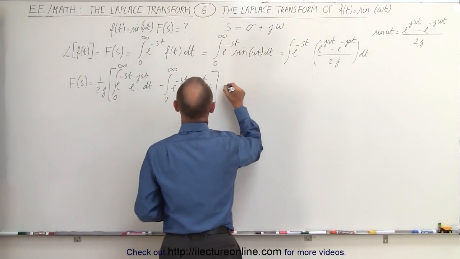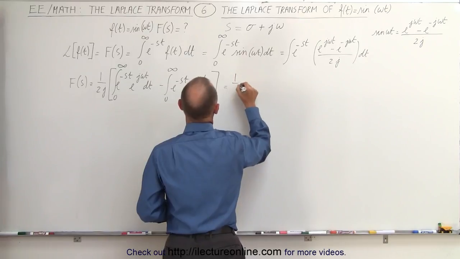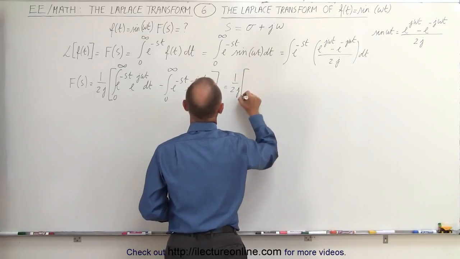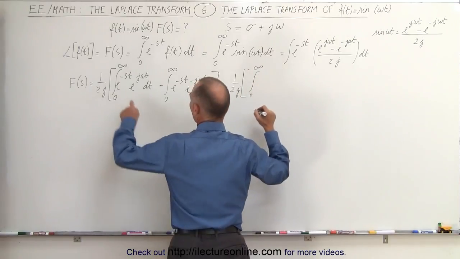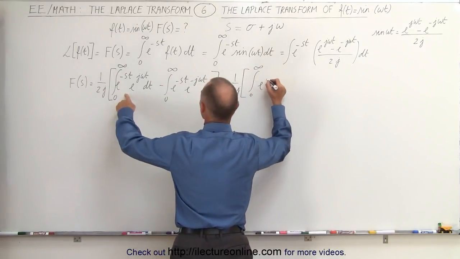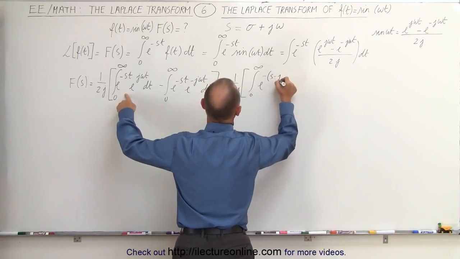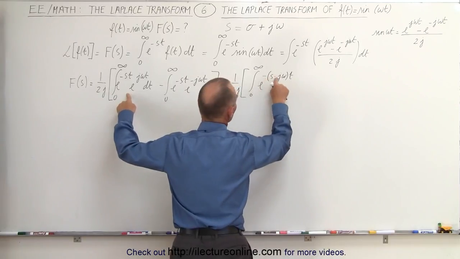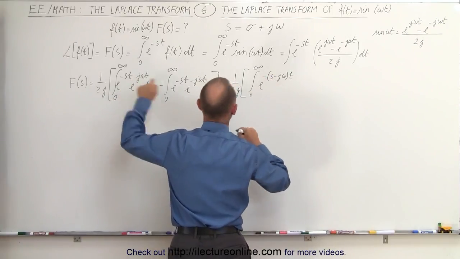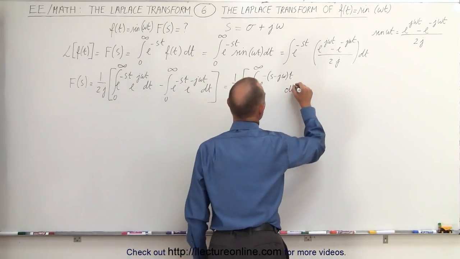This can be written as 1 over 2j times the integral from 0 to infinity of e to the minus quantity s minus j omega times t. Again, when you apply the negatives here, negative times a negative gives us a positive, times dt.